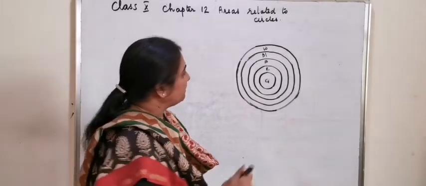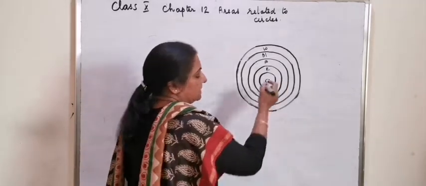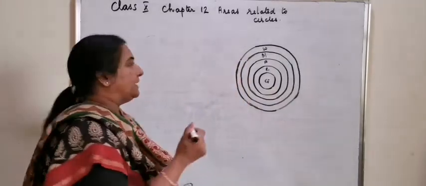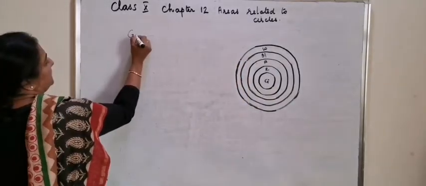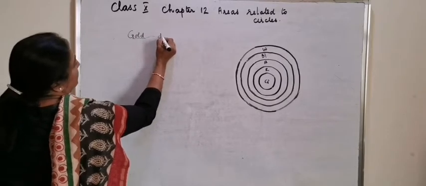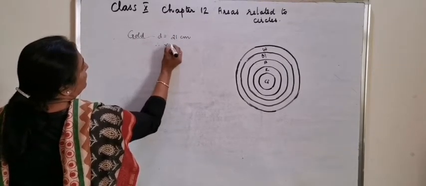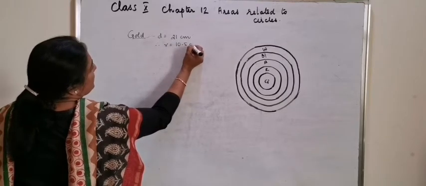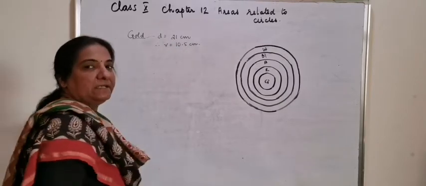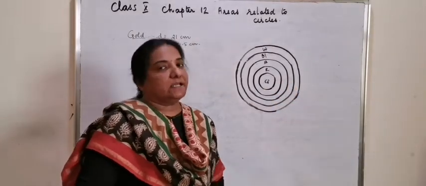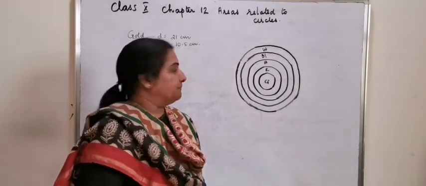Now the diameter of the region representing gold is given as 21 centimeter. Therefore, the radius is 10.5 centimeter, and each band width is again 10.5 centimeter.